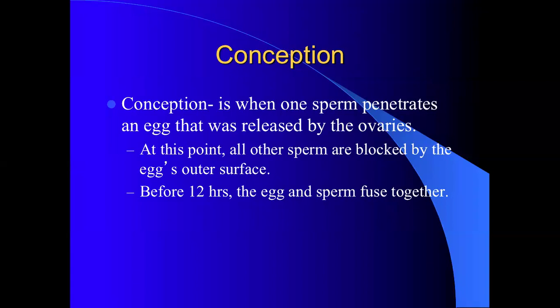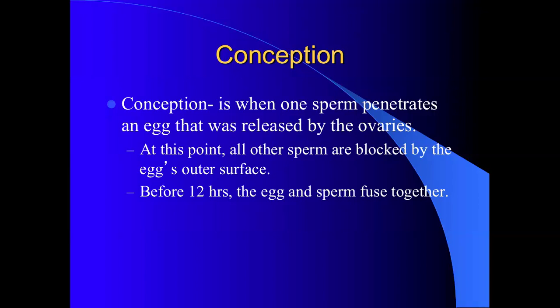And then from that point, there's a fusion. Now, we mentioned in the lecture on genetics that half of your genetics comes from that sperm that penetrates the egg, and the other half comes from the ovum or egg itself. So there's going to be a fusion. And then from that point, nothing else can enter.